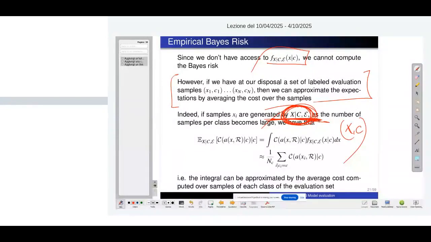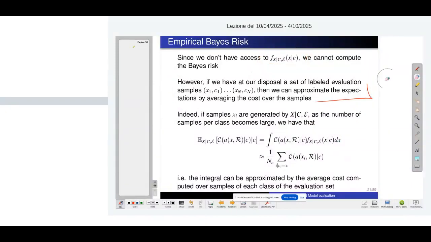We need at least some coherence between what we develop and what we will have in practice. Otherwise, we cannot say anything about the future if there is no relationship between the future and the past. Here we're always trying to predict the future, essentially. So we assume that the future behaves as the past, so the application data behaves as the evaluation data.